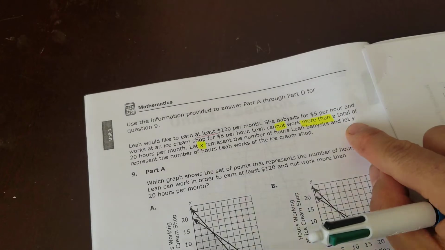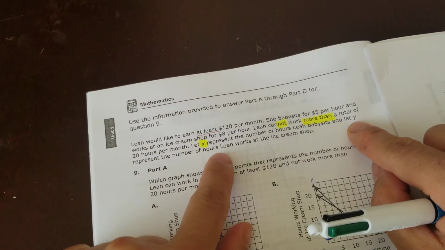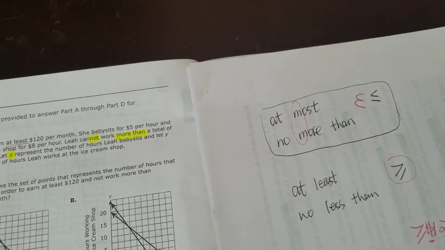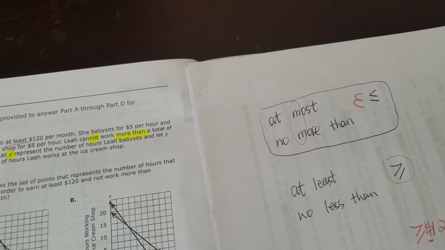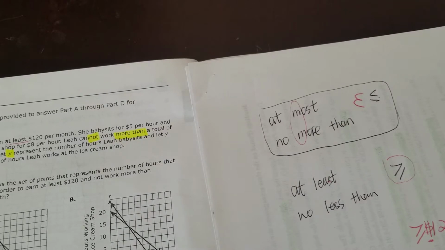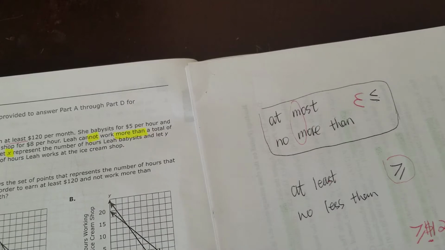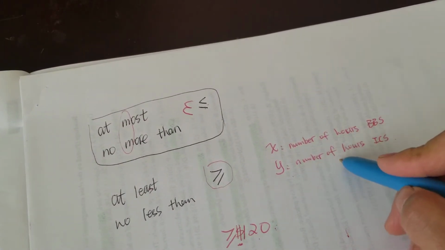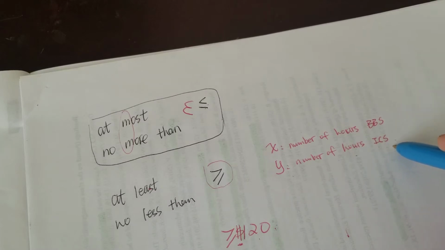Okay, now keep reading the question. Let Y represent the number of hours she works at the ice cream shop. Okay, Y is the number of hours she works at the ice cream shop.